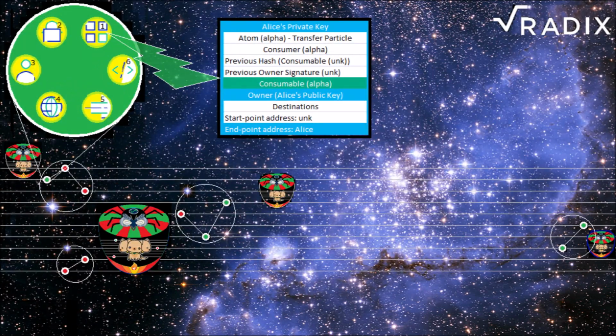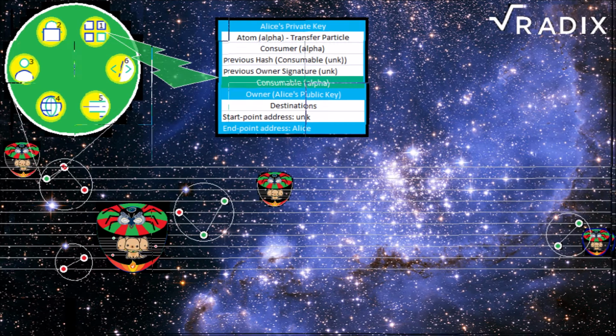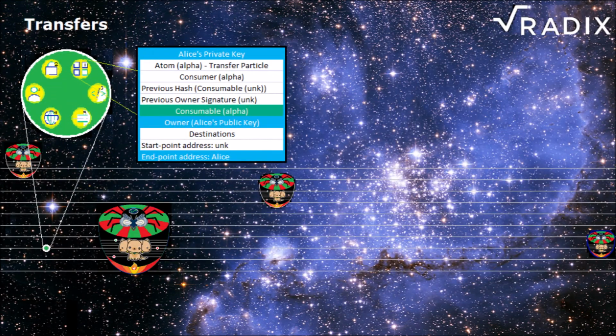A known item is represented by a transfer particle and its consumable. Ownership is defined as a sequence of transfer particles, which provide an auditable history of owners over time. To transfer ownership of an item, alpha, contained in a transfer particle in atom alpha, to Bob, Alice creates a transfer particle which references her as the current owner and signs it with her identity.